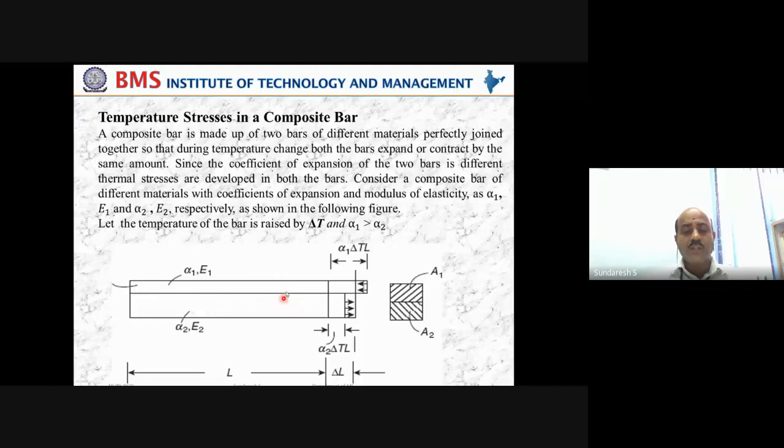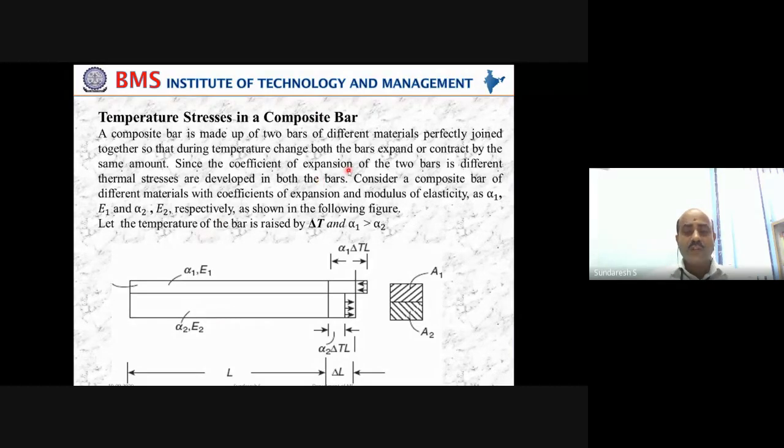These are two bars made of two different materials, perfectly joined at their ends, so that when the bar undergoes a change in temperature, which might be an increase or a decrease, anything you can assume, both bars undergo expansion or contraction by the same amount. That's why I use the common phrase, change in temperature. It is joined in such a way.